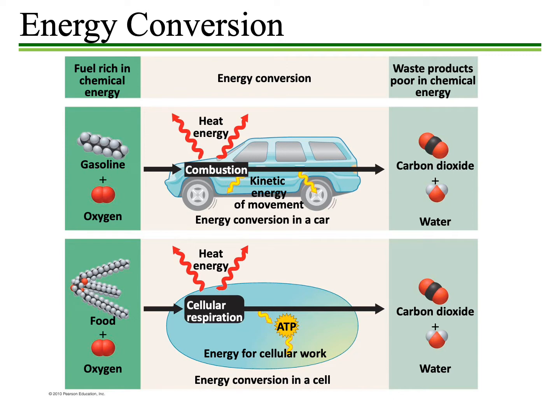However, a lot of the energy is converted into this form known as ATP, and that ATP can then be utilized in the cell for functions that require the input of energy. Again, you also see that the waste products in this reaction are carbon dioxide and water, similar to what we just talked about with the car example in the panel above.